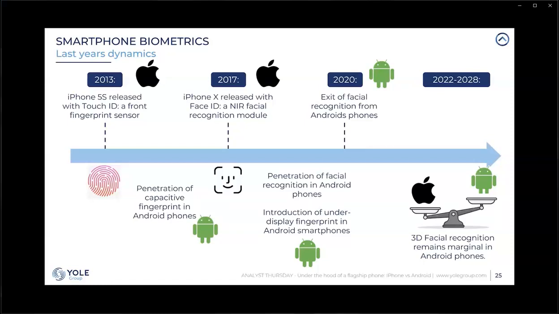And then starting from 2020, we saw the facial recognition technology based on near-infrared cameras getting away from the Android world. And nowadays, between 2022 and what we see coming from now to 2028, Apple still goes with this 3D sensing technology. Meanwhile, we don't expect the Android phones to widely adopt facial recognition technology based on infrared cameras anymore.